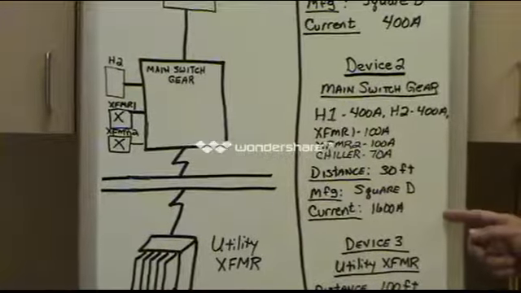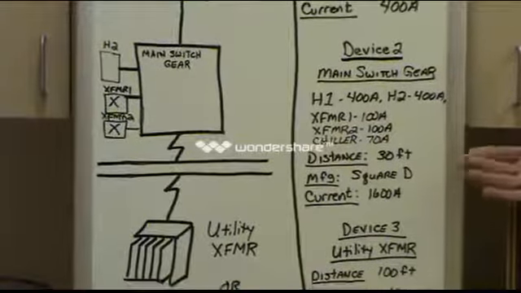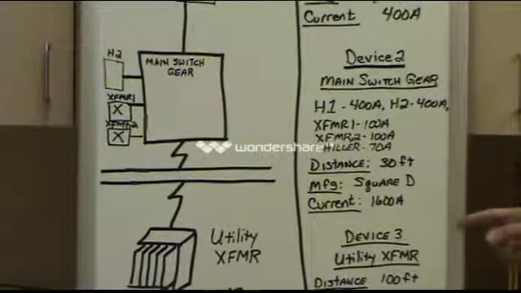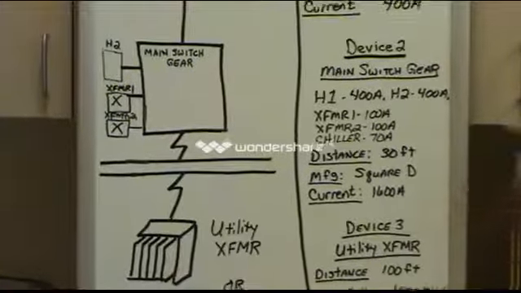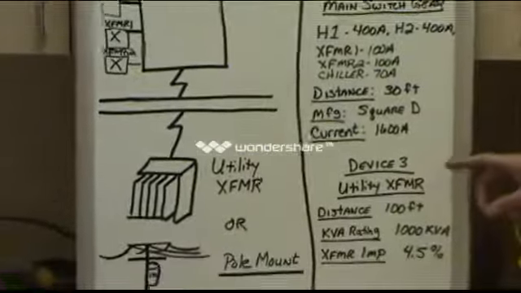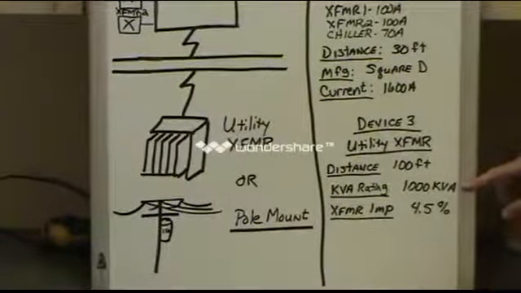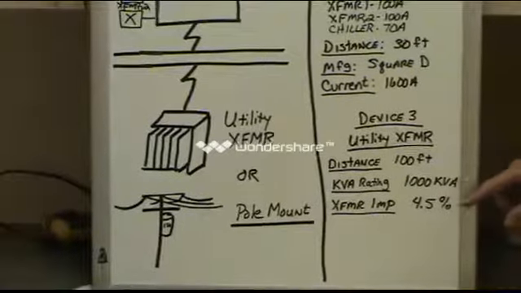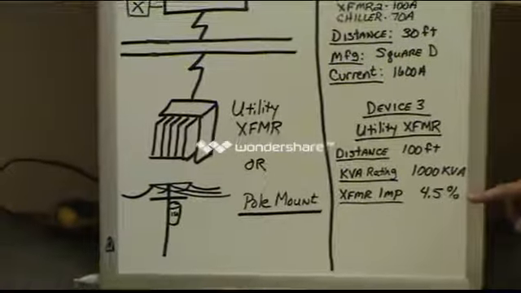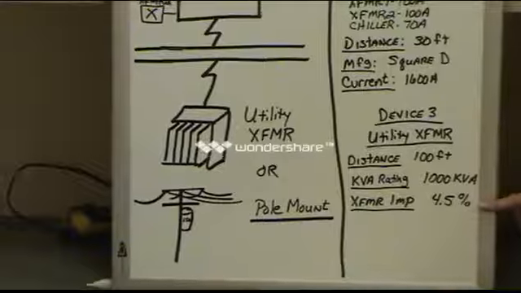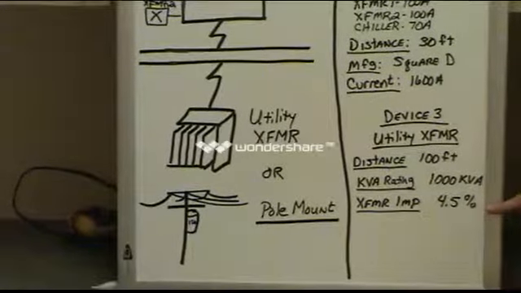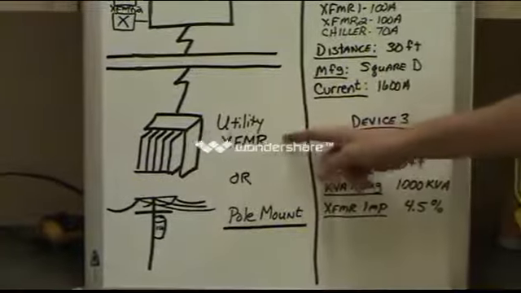Now if we go outside, that's going to be the big key, that's where we're going to find the transformer for this site. There's a utility transformer out there. We're 100 feet away from it. The kVA rating is 1000 kVA, and the transformer impedance is written as a percentage, 4.5%. It's very important to get this if you can.